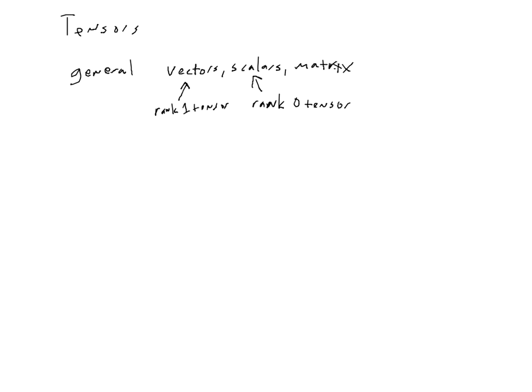And the matrices that we've seen have rows and columns. It's almost like you took a vector and expanded it out, so it's not just a column, but it also has rows. And so matrices that we've seen are rank 2 tensors.